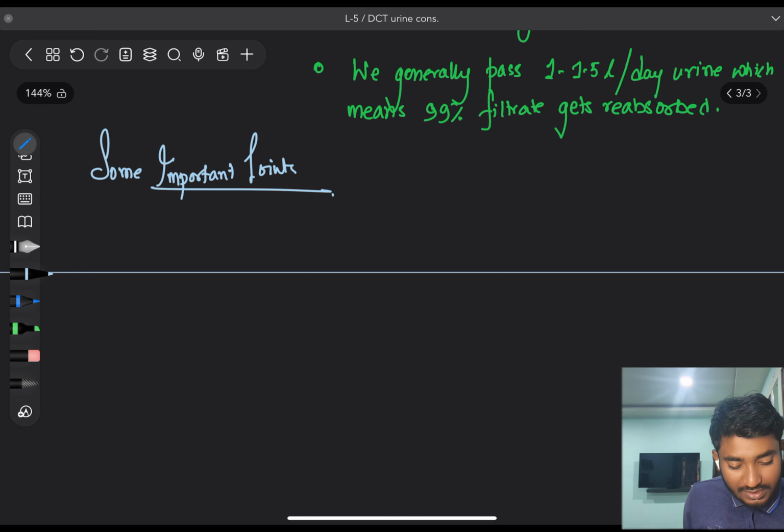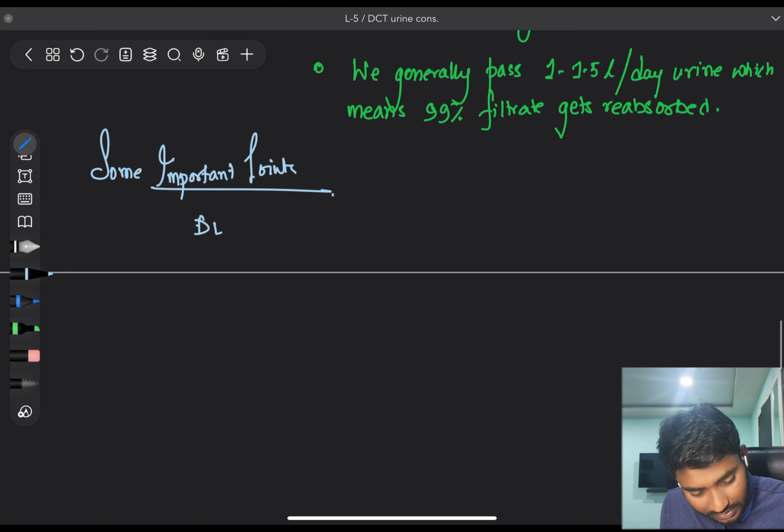Some important points are: in the descending loop of Henle, water is reabsorbed.